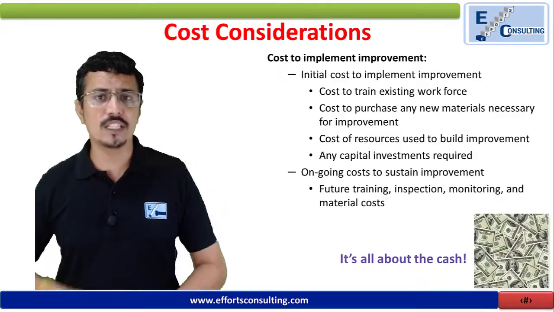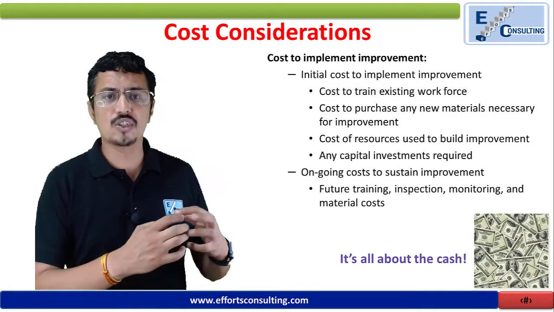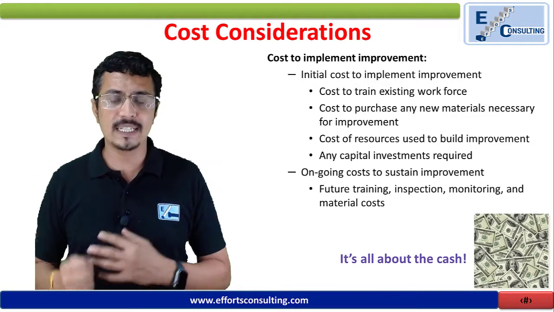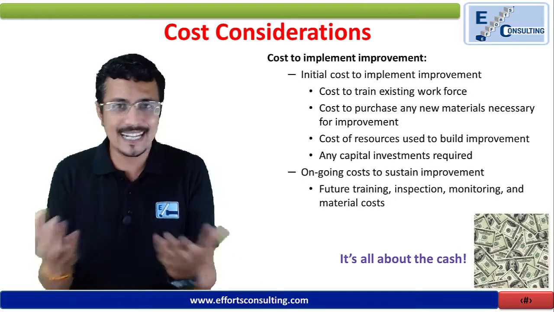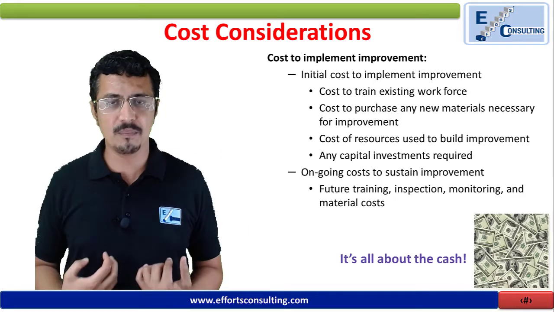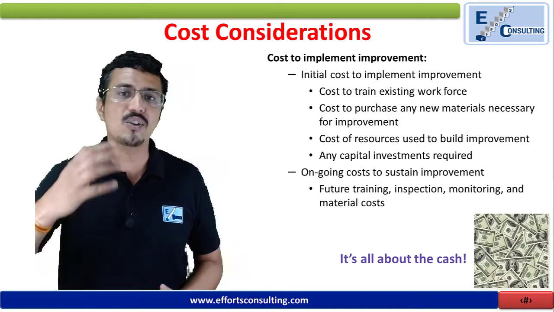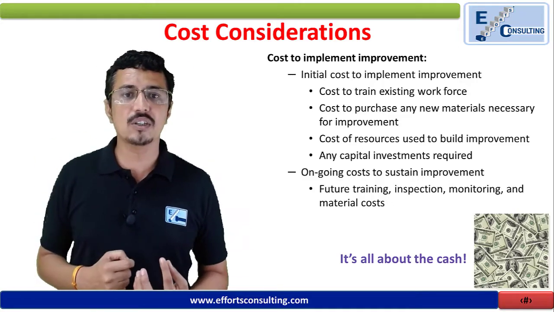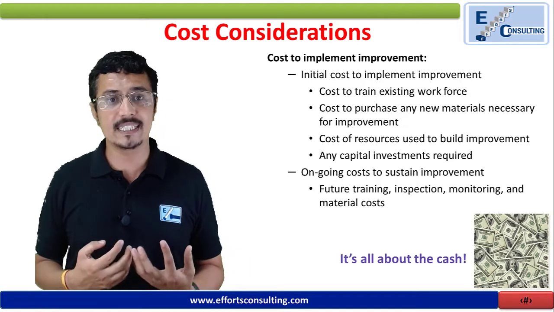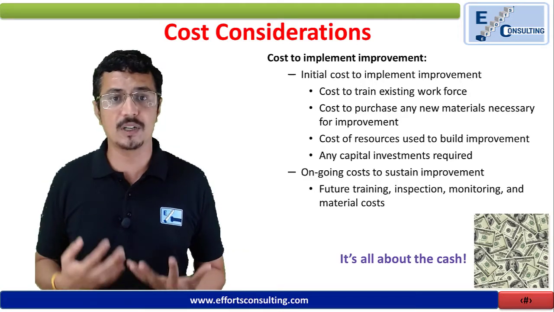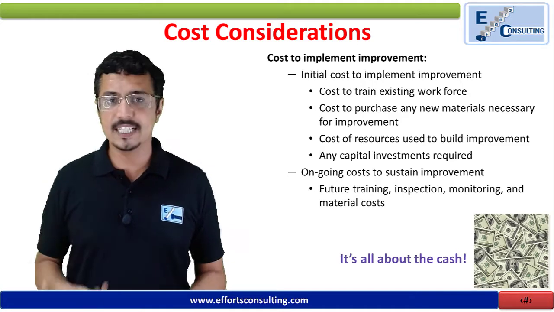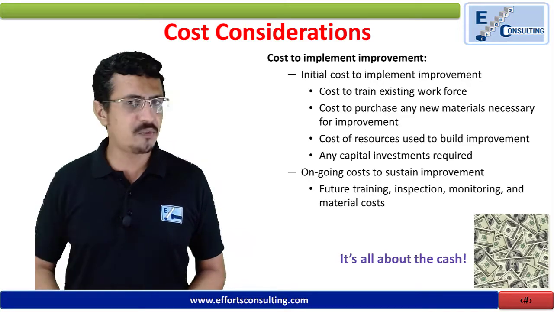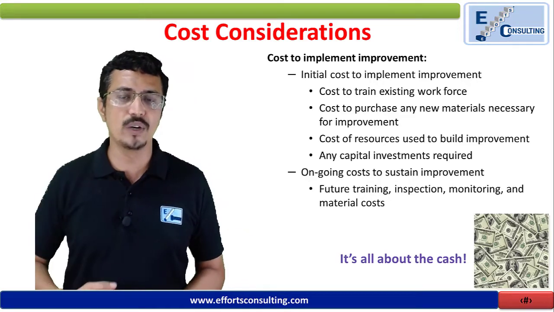Let us understand what cost consideration is. The cost to implement the improvement is very important, and it is an additional cost, and you need to take permission from the management for incurring that cost to get the results which you intend. The initial cost of implementing the improvement is like training the existing workforce, or purchasing any new materials, or any new resource, or any capital investment if you are willing to make one in your project.